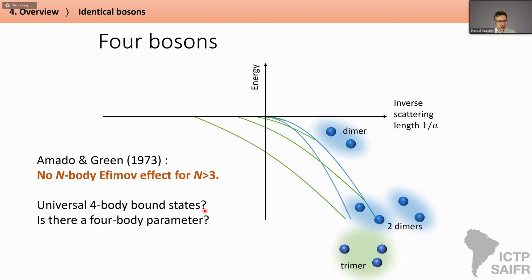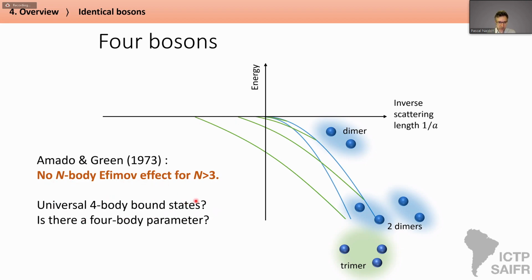But still, the question remains: are there 4-body bound states, and can they be universally described by some universal theory? And in that theory, do we need to input a 4-body parameter like we needed for the 3-body bound states?